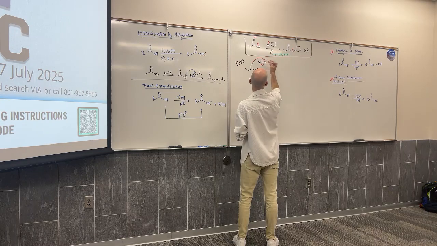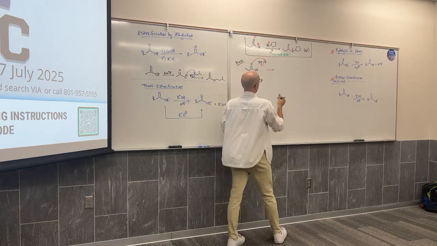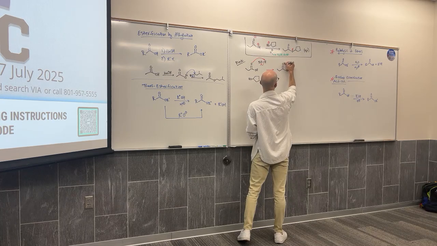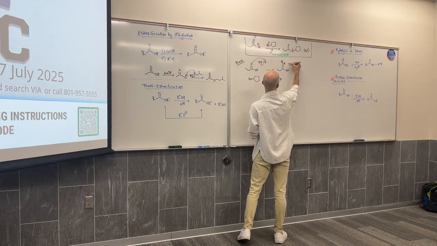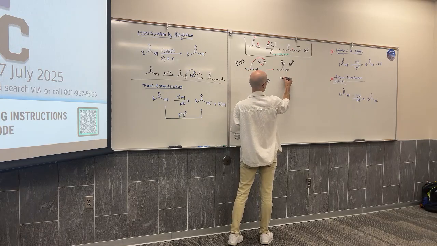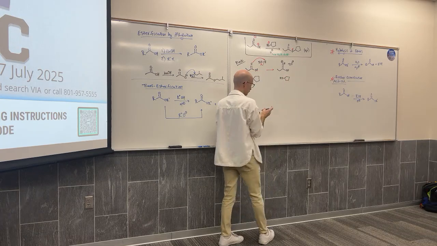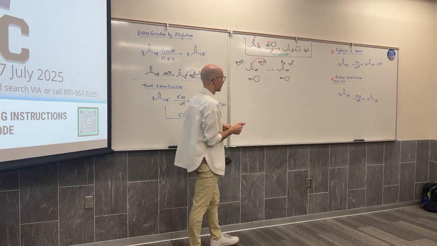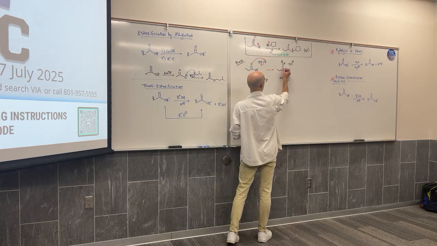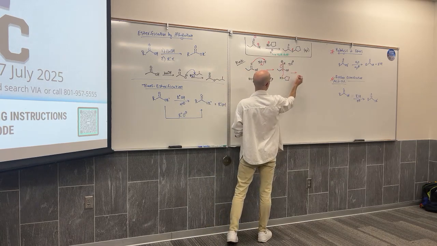So, carbonyl oxygen becomes protonated, takes on that positive charge, balanced by TsO-. My cyclopentyl alcohol, cyclopentanol, can now act as a nucleophile.